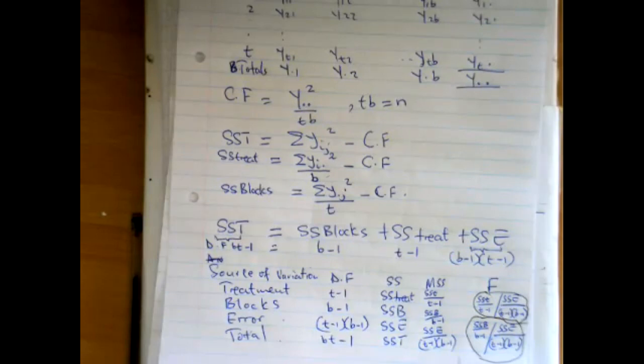One for testing the hypothesis of equality of means across blocks versus non-equality of at least one mean from the rest. And also the other F for testing equality of means across treatments versus at least one treatment mean not being equal to the rest.